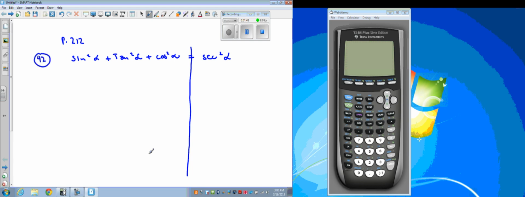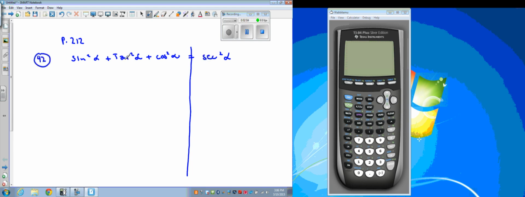Usually you work with the most difficult side to start with. If you reflect upon secant squared, one of the identities is tangent squared plus 1.